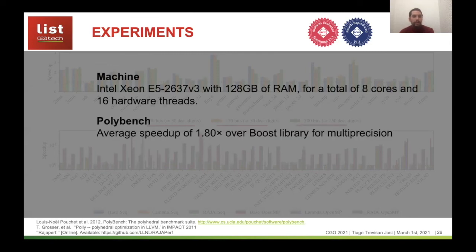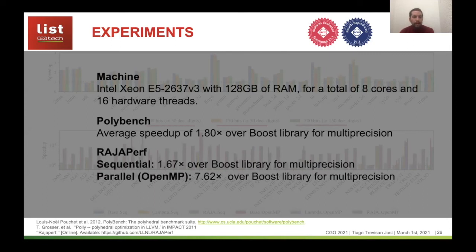And for the Polybench suite, we have an average speed up of 80% over Boost. And Rajaperf sequential is 67% faster than Boost, while the parallel version had 7 times speed up over the Boost library for multi-precision, which was actually a very surprising result that we got.